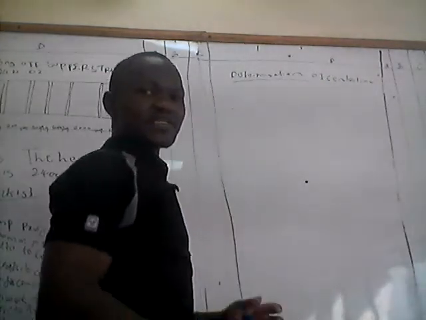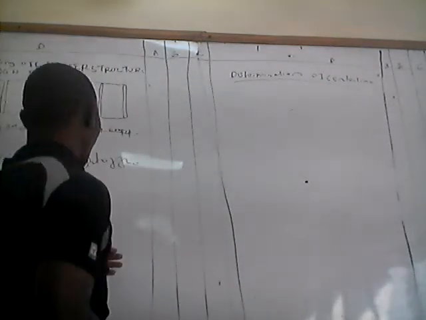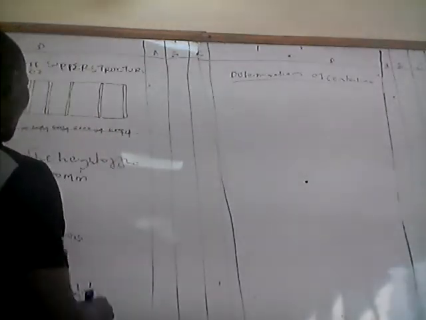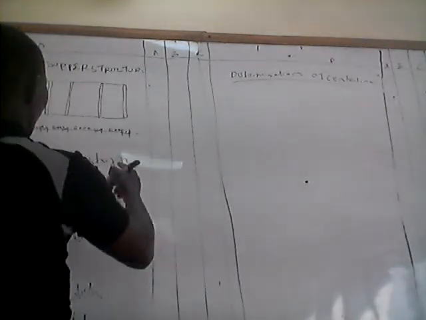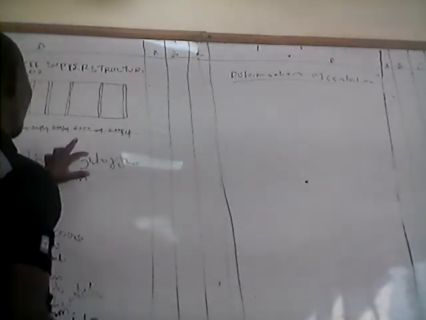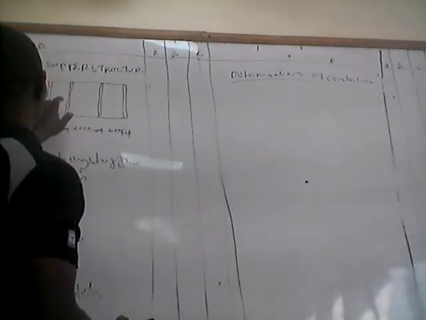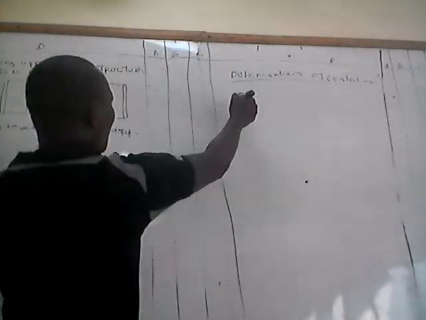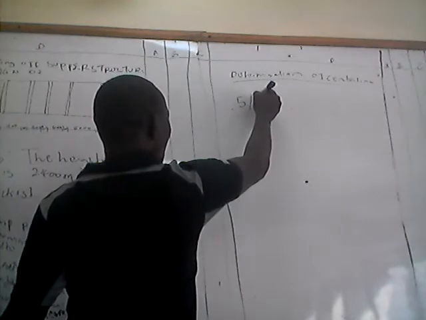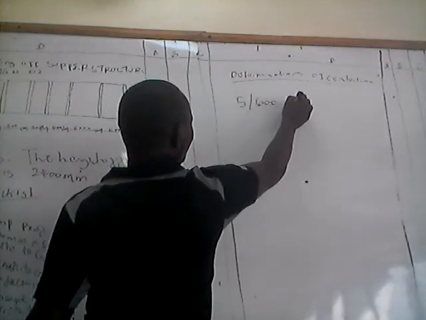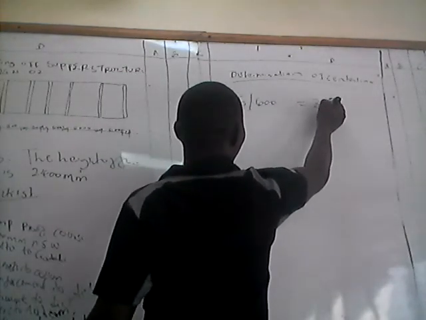As I've said, it simply means the art of getting the perimeter of this figure. If you look at this figure, we have portions of 6,000, and there are 6 of them: 1, 2, 3, 4, 5, 6. So we'll have 5 times 6,000, which will give us 30,000 millimeters.